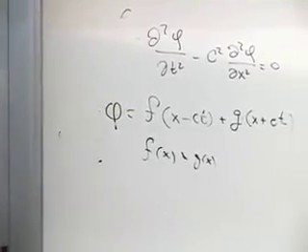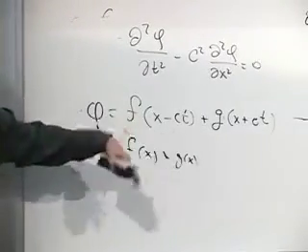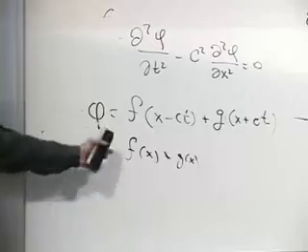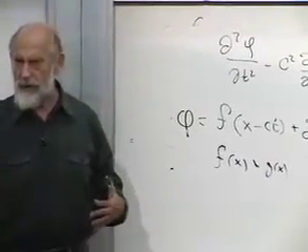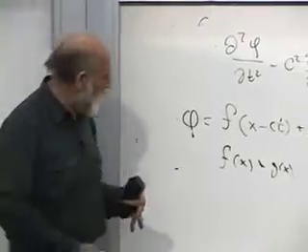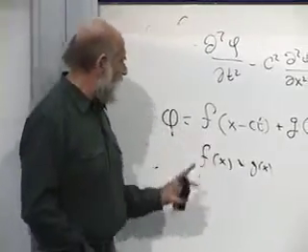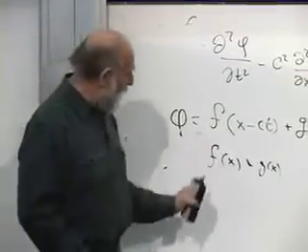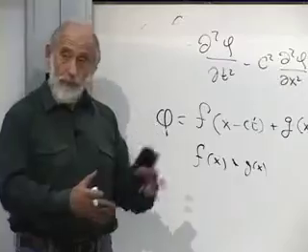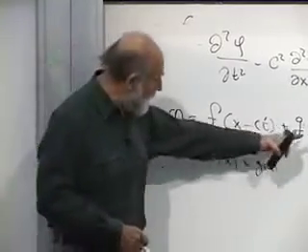How do I know that some piece of it is right moving? How do I know how to divide this up? The sum of these two is just some function. How do I know how to divide it up into left moving parts and right moving parts? Well, if I also tell you what the time derivative is, then knowing both the function and the time derivative allows you to break it up into the two parts like that.